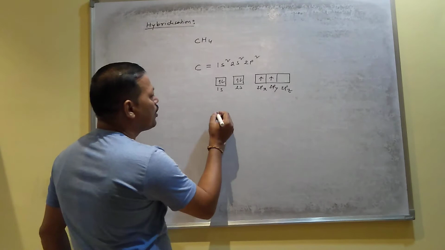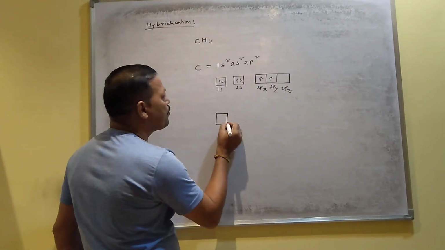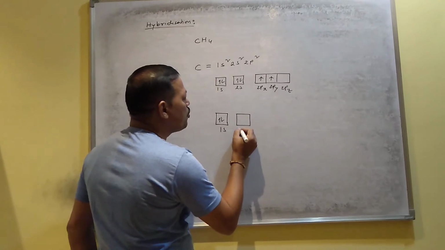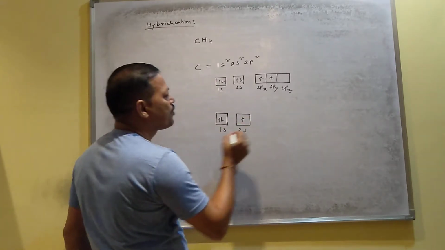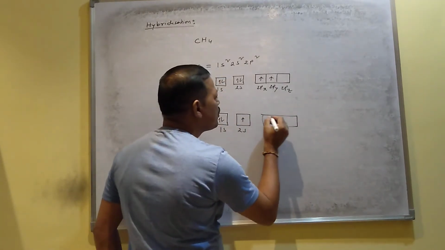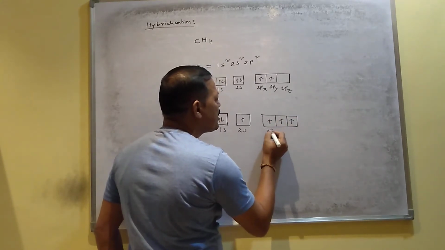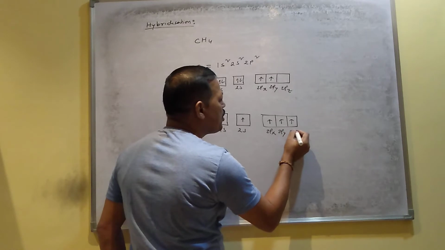So when the electron jumps from 2s, 2s will contain one electron and 2p will contain 3 electrons like this. One is 2px, one is 2py, one is 2pz.